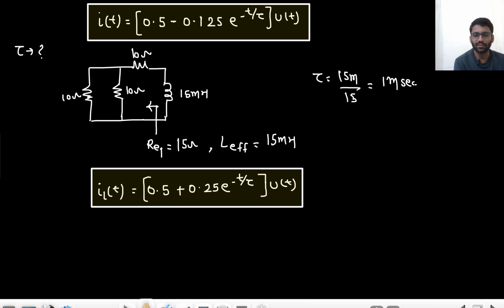Okay, so tau is 1 millisecond. Here also the tau is 1 millisecond. You can make the graphs as well, but that's not required here.